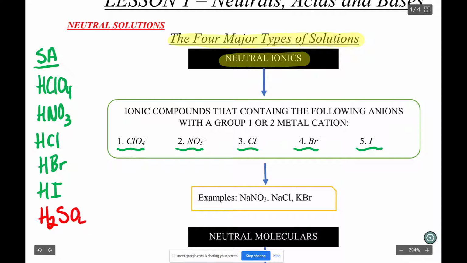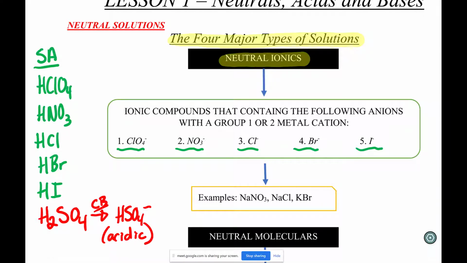H2SO4, sulfuric acid. Its conjugate base, I'm going to write Cb as conjugate base, is HSO4 minus. This thing is very acidic, and therefore it would be an acid and not be part of our list.